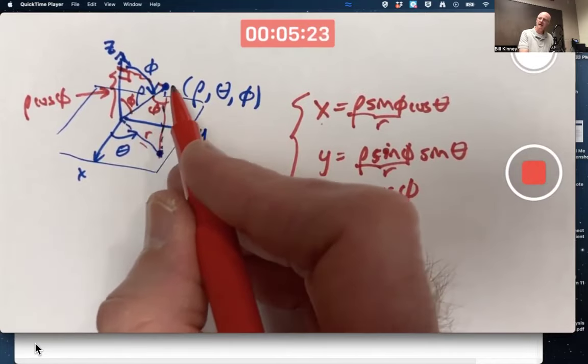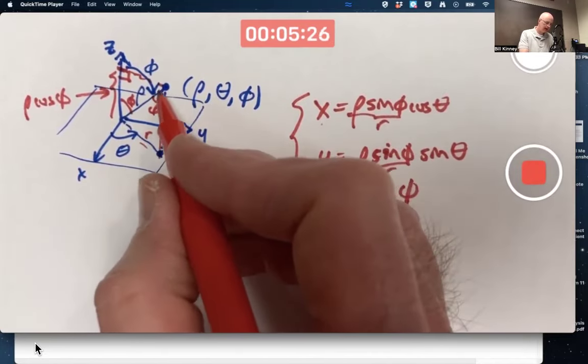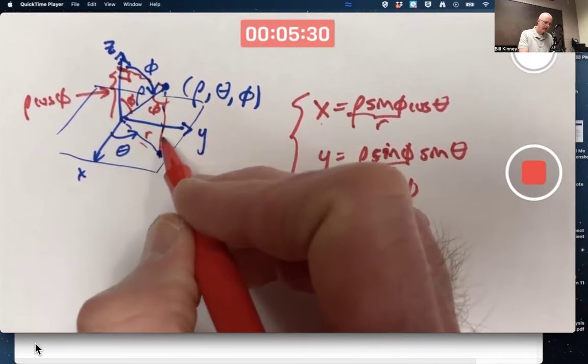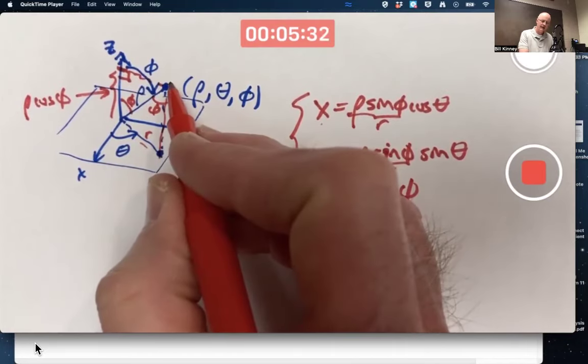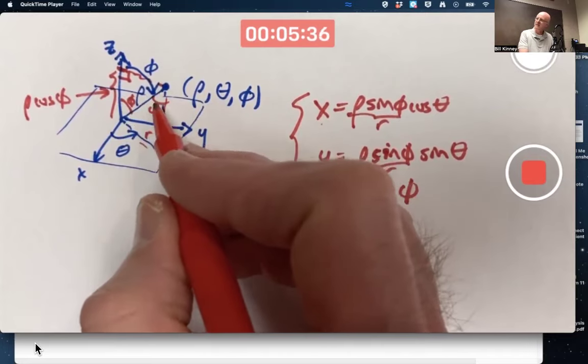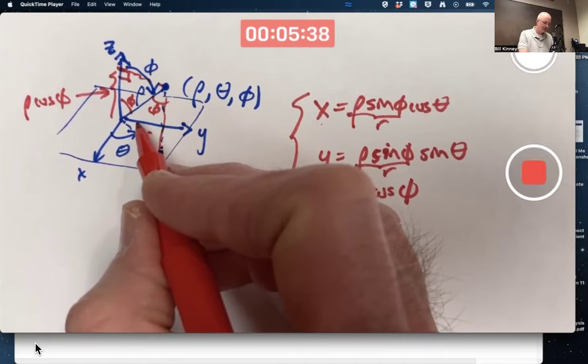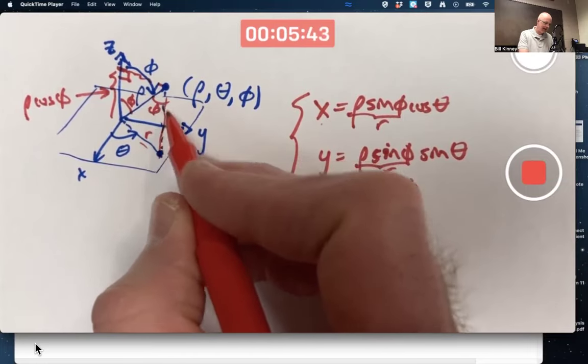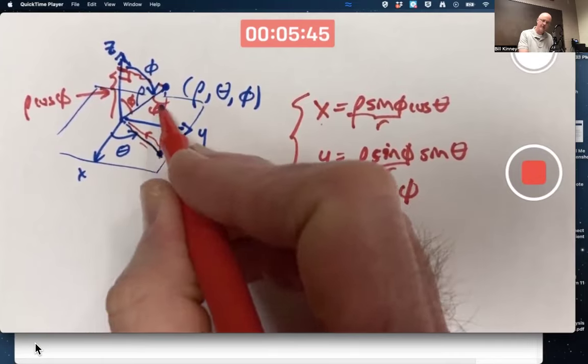Why? Because of geometry. You got two parallel lines where I'm drawing right now being crossed by another line. Alternate interior angles are congruent. Do you remember that from geometry? So if this angle here is phi, this angle right there has also got to be phi. And r is the opposite side from that angle.